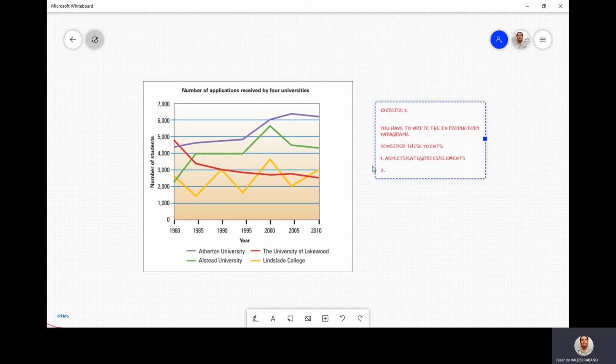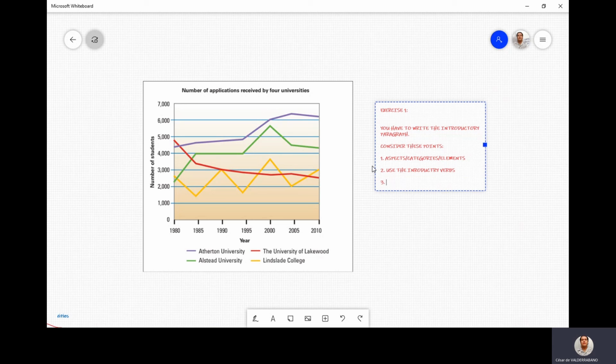Number two, you have to use the introductory verbs. And number three, what you have to do is mention the purpose.